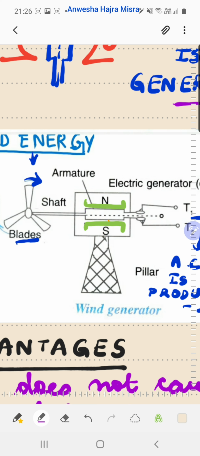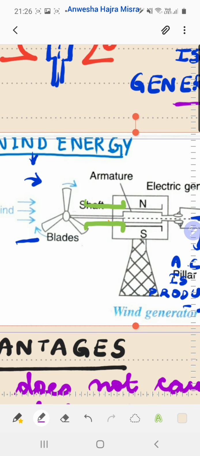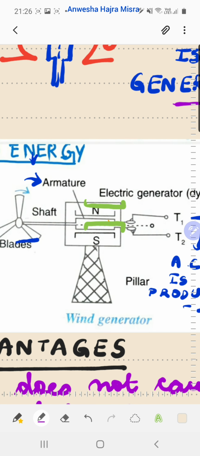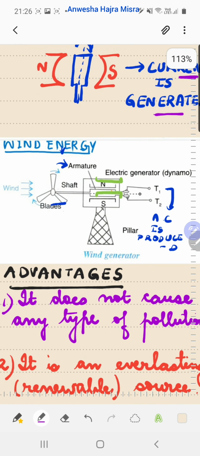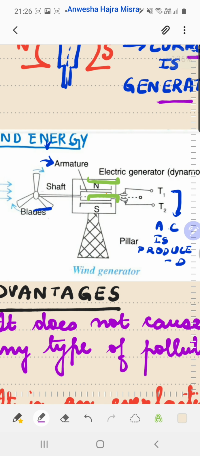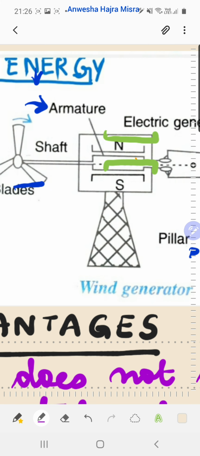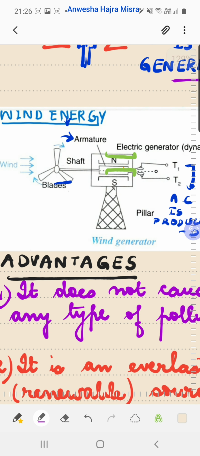Who is rotating the armature coil? The wind, and you get a current.